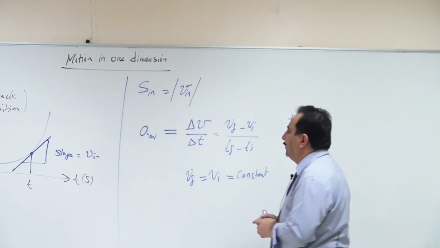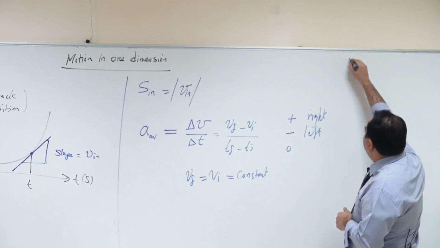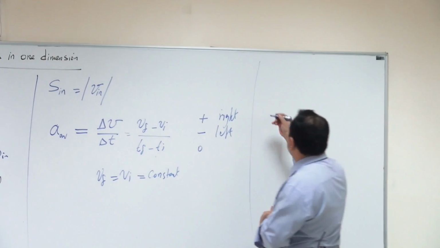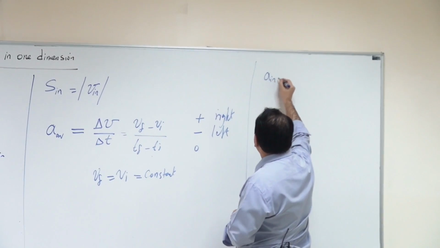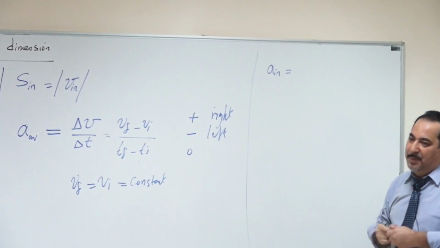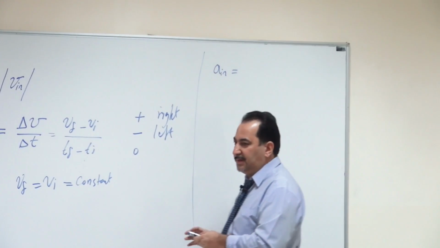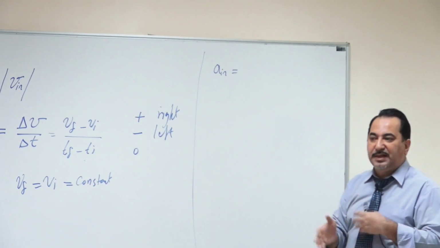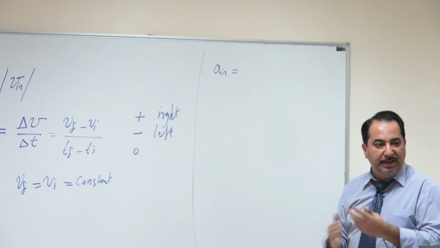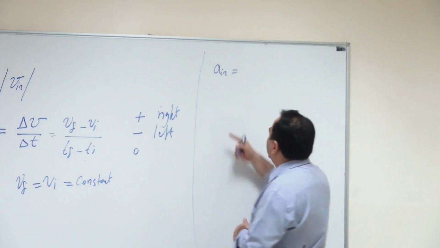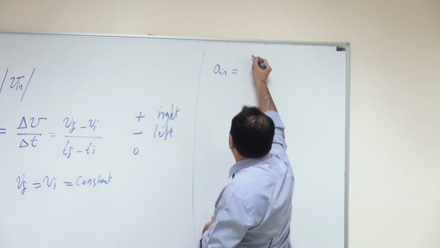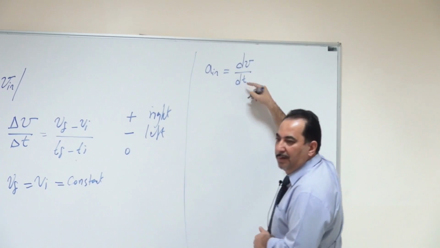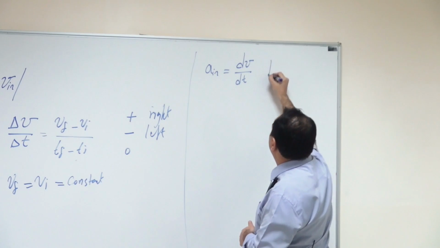So this is the last one. After average acceleration, we talked about instantaneous acceleration. Based on the mathematics, for instantaneous and average, one is the delta, the other one is the derivative. So here is the derivative of velocity with time.